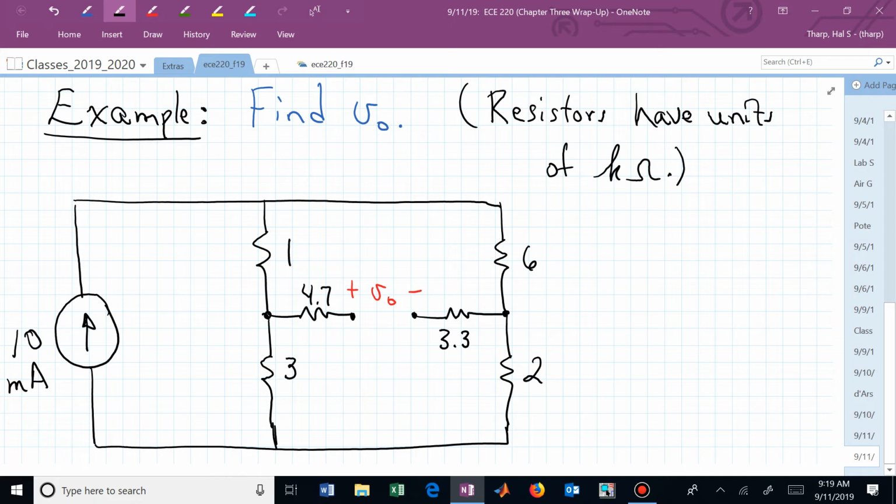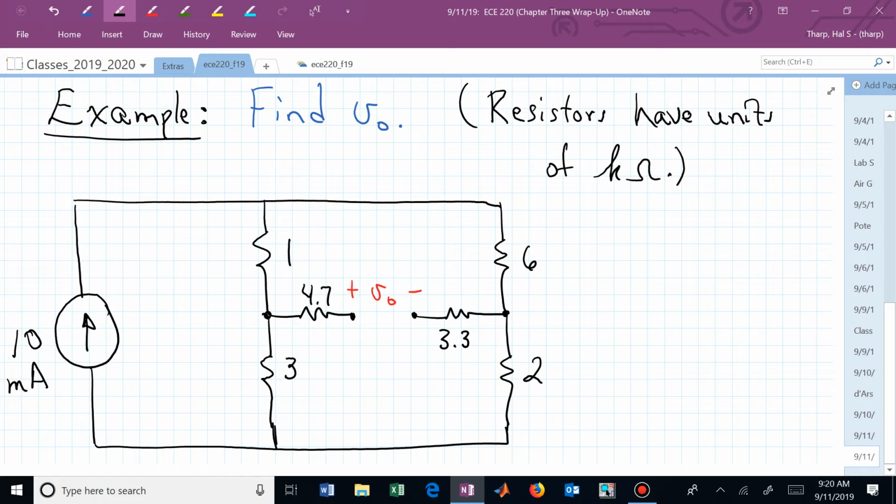Is there any voltage dropped across V sub 0? What's happening at V sub 0? The 4.7K and 3.3K resistors are not connected. There's a gap between those two resistors. Is there even any voltage dropped across V sub 0?